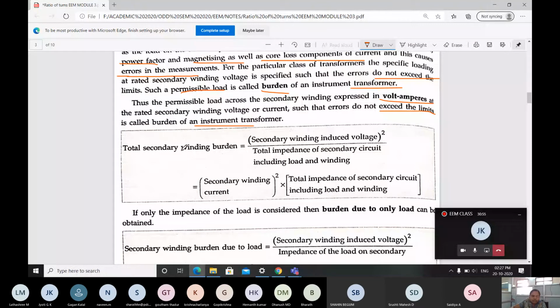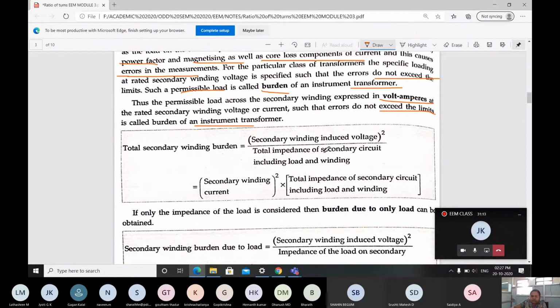Therefore, the burden is taken as the secondary winding induced voltage squared, divided by the total impedance of the secondary circuit including load and winding.